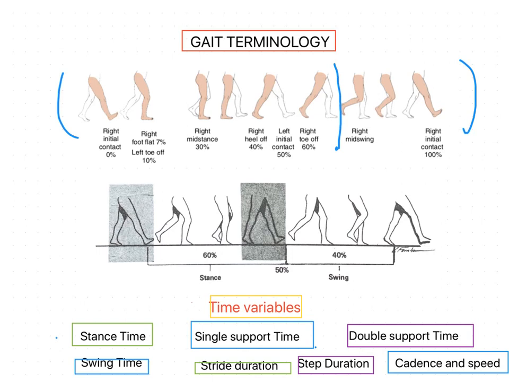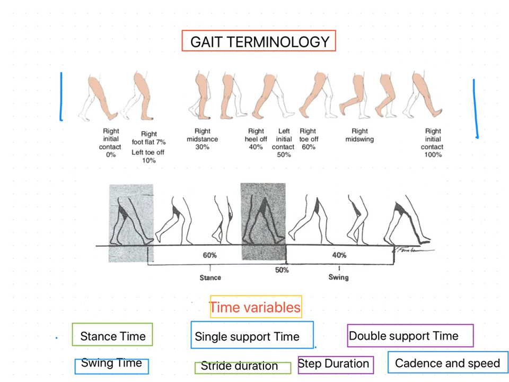This is called stance time. Now coming to the next one, single support time. In the entire gait cycle, the amount of time that elapses during the period when only one extremity is on the supporting surface is called single support time.